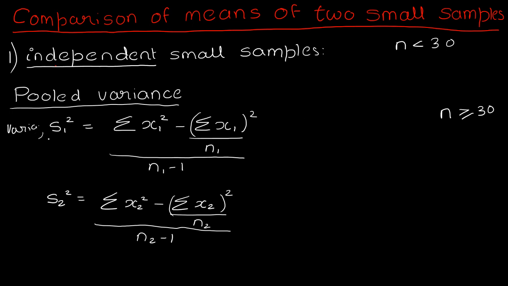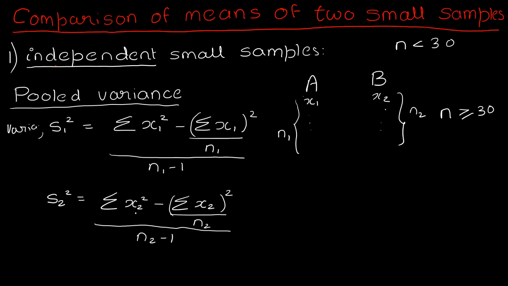The variance of our first sample is s1 square, which is summation x1 square minus summation x1 the whole square upon n1, divided by n1 minus 1. Suppose there are two samples, sample A and sample B, with x1 values and x2 values. The number of observations of the first is n1 and the number of observations of the second is n2.